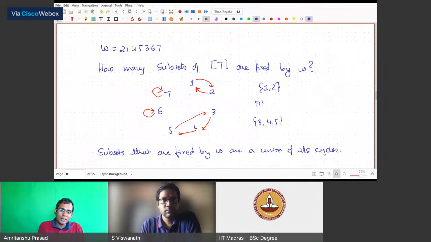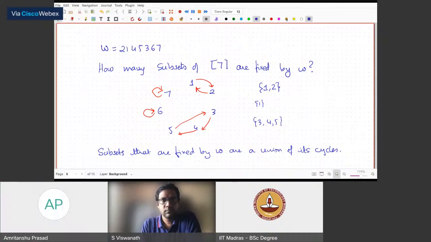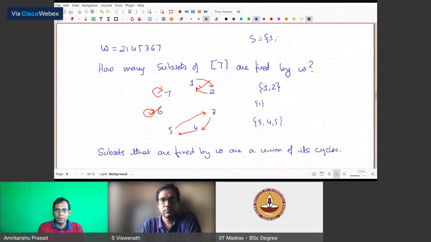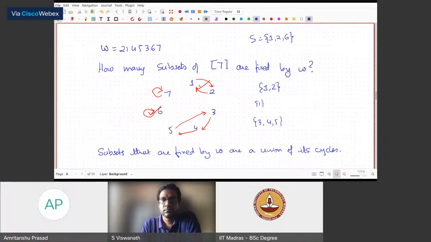Since there are 4 cycles here, you have a choice each time you're given a cycle, whether to include it in your subset or not. For example, if I include this cycle and say this cycle, then my subset that is fixed by W is just S equal to {1, 2, 6}. You can see that this is fixed by W because 1 goes to 2, 2 goes to 1, 6 goes to 6.